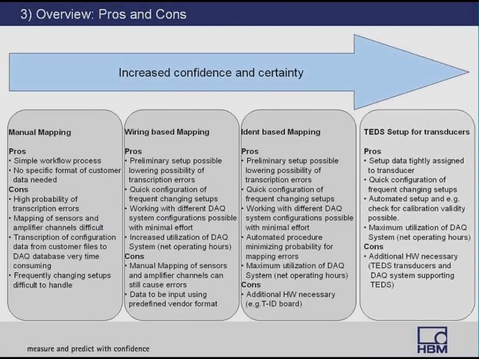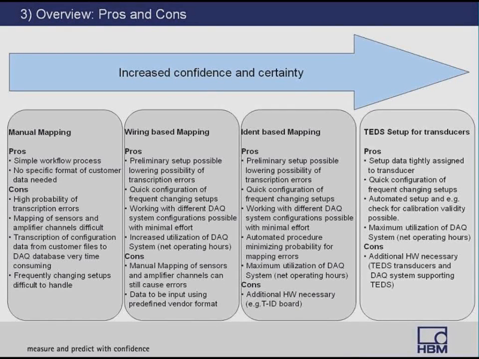Working with different DAQ system configurations is possible with a minimal effort. An automated procedure minimizing the probability for mapping errors is used, and you have a maximum utilization of your DAQ system. The cons are additional hardware is necessary, in this case the so-called TID or ident board.